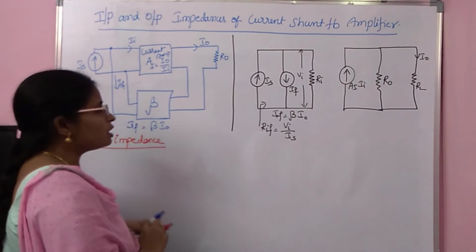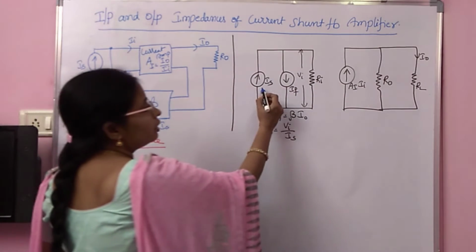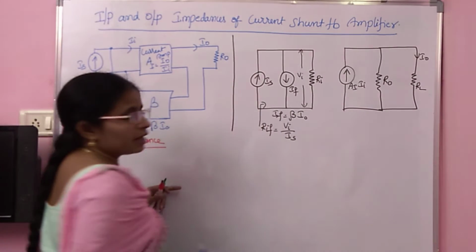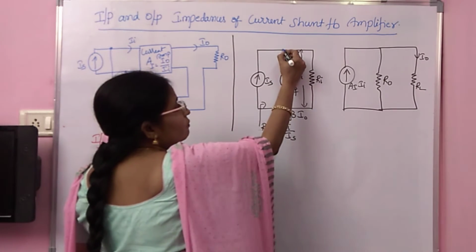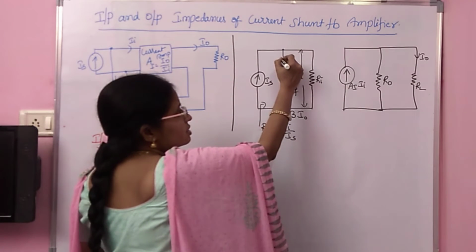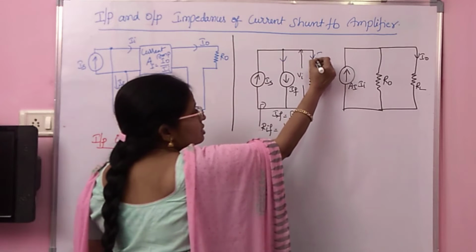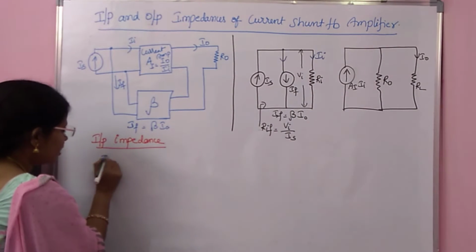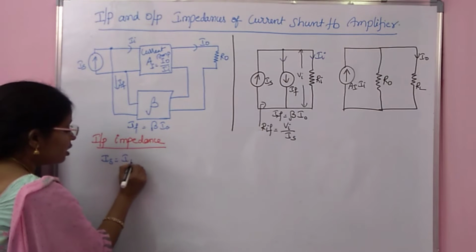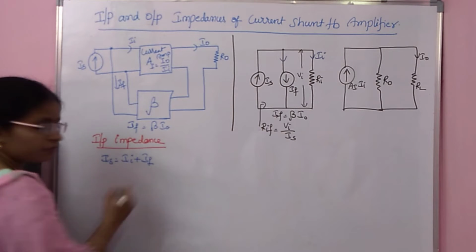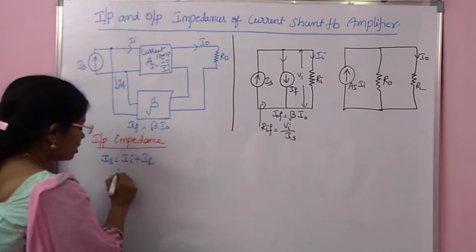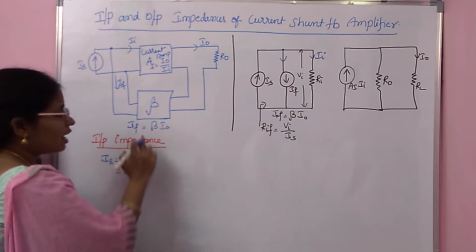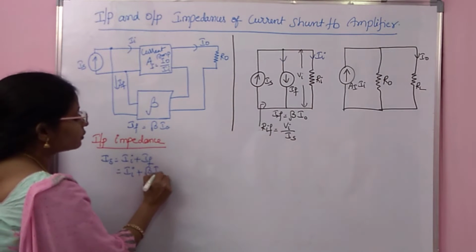If you observe the input circuit here, IS is coming like this, and from this point, this is IR, and to this, the current II is flowing. So what is IS? IS is equal to II plus IF. What is IF? IF is beta I naught.